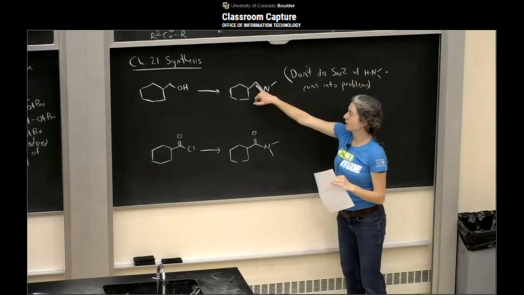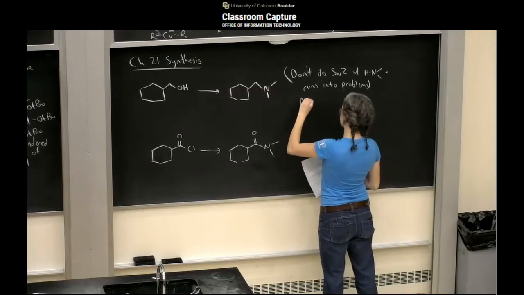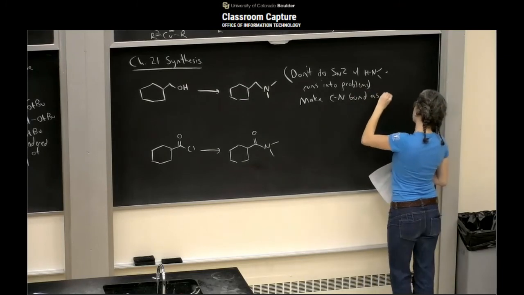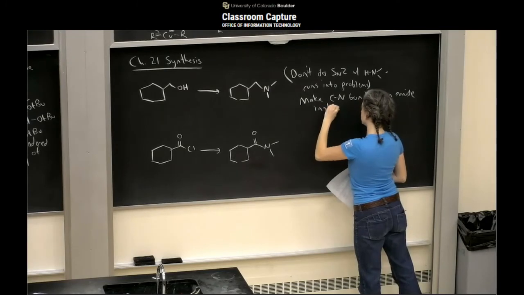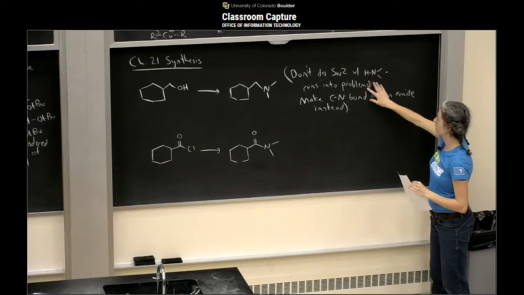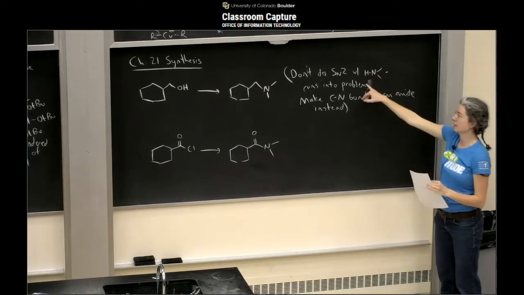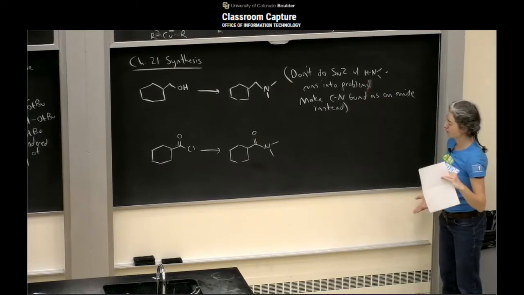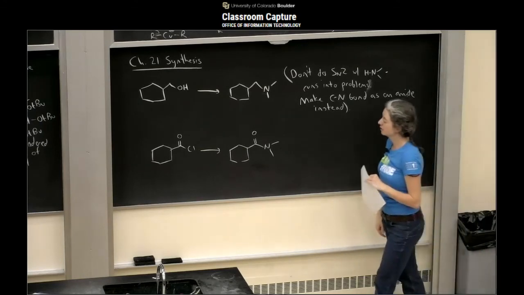So the way that we're going to make this carbon-nitrogen bond is by making it as an amide. Okay, and I guess since we haven't covered this chapter yet, if I gave this to you as a synthesis problem on an exam, I would have to say explicitly like SN2 is not going to work here, try something else. Otherwise, that wouldn't really be fair until we cover it as part of chapter 23.